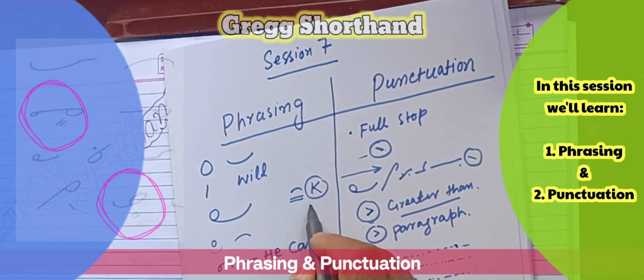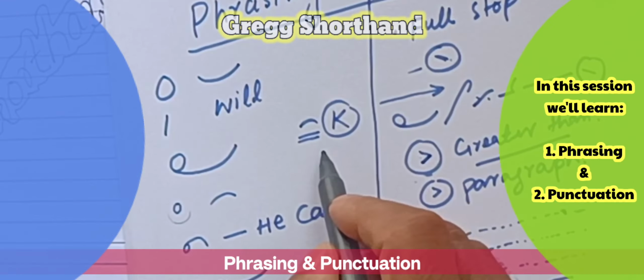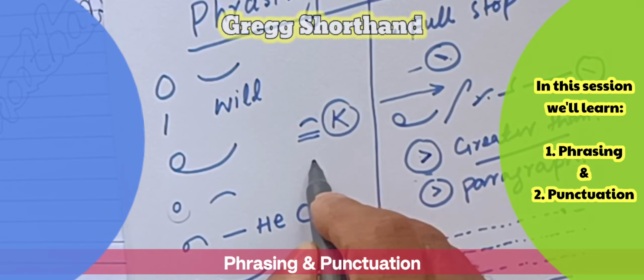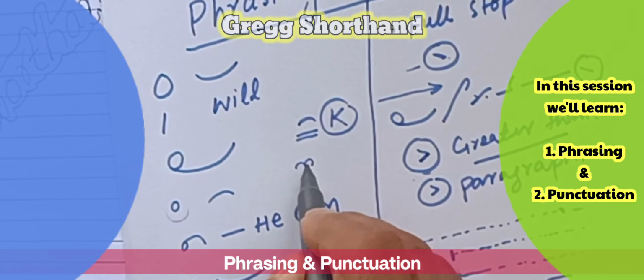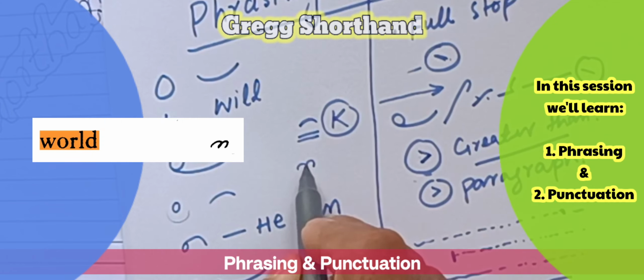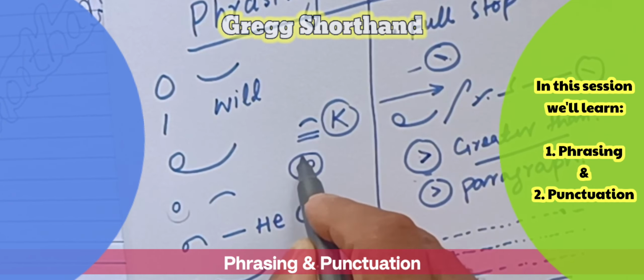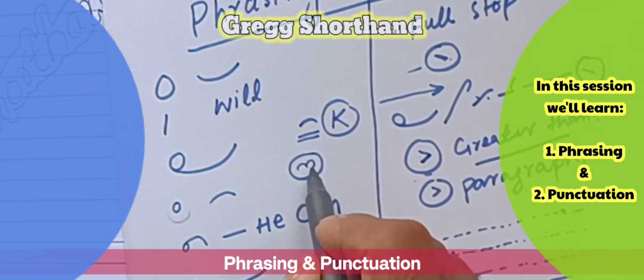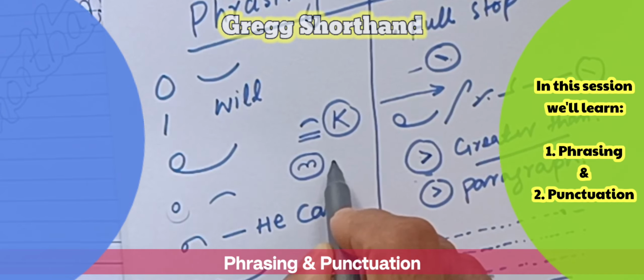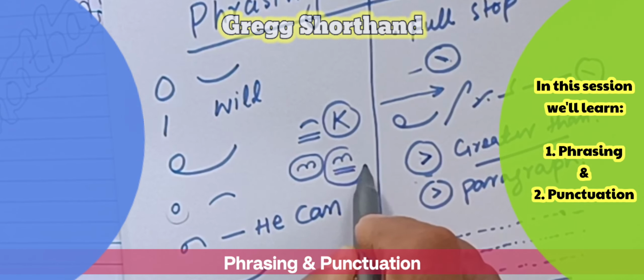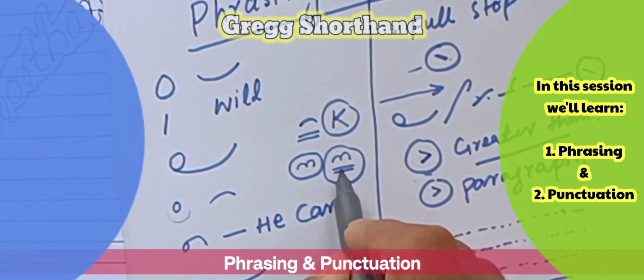And proper names, for example, the proper name World. World is shown like this. This is W sound and this is the A sound. This becomes world, a shortcut for world. I'll explain it in upcoming sessions. So now to show that this is a proper name, I can place two dashes under it.